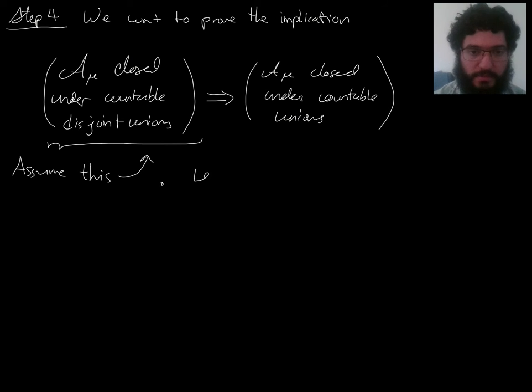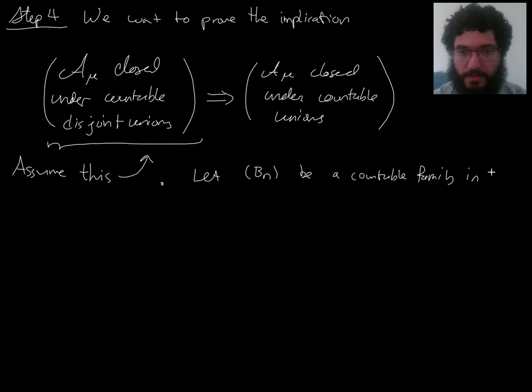Now let B_n be a countable family of sets in A_mu. And I'm not going to assume that the B_n's are pairwise disjoint.